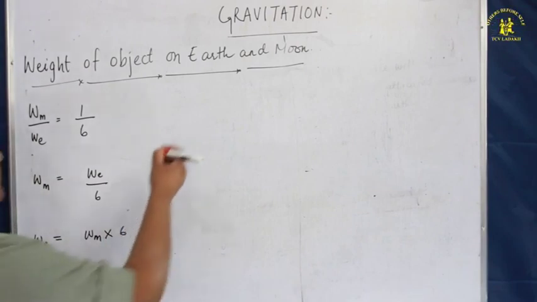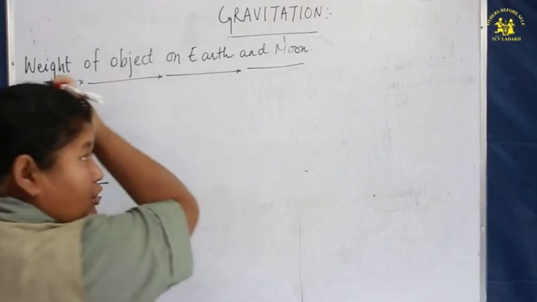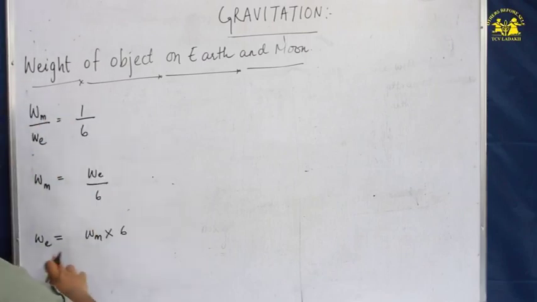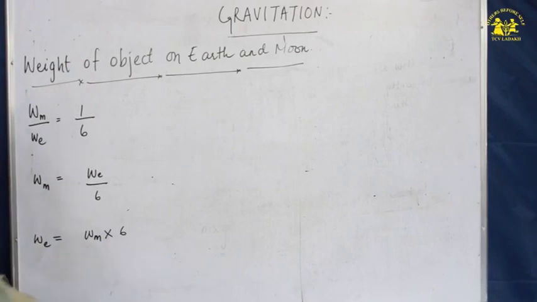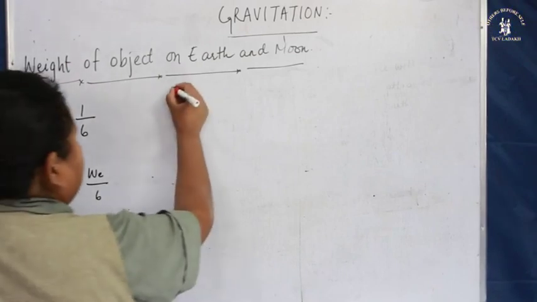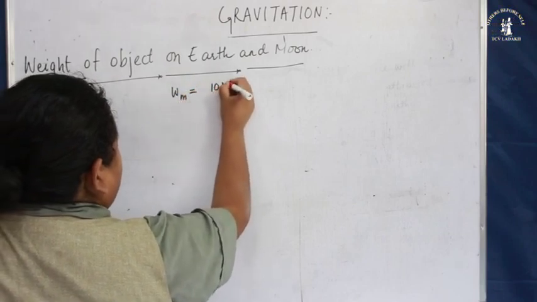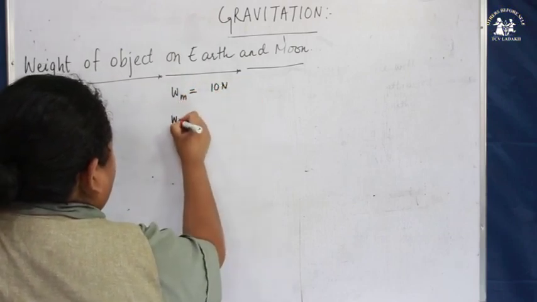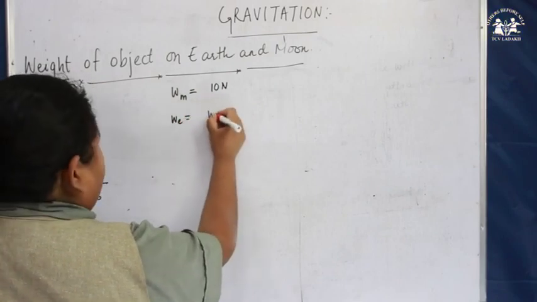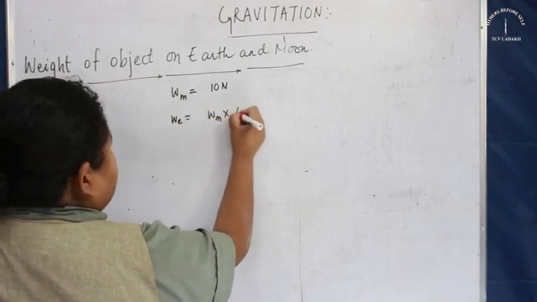Let us take an example, right? Weight of a particular object on moon is 10 newtons. Then weight of object on earth will be weight on moon times 6, right?